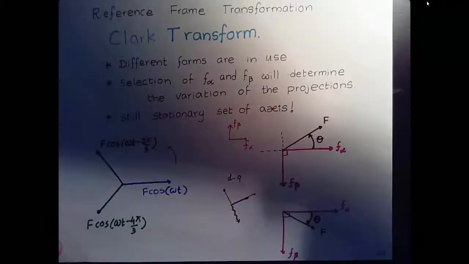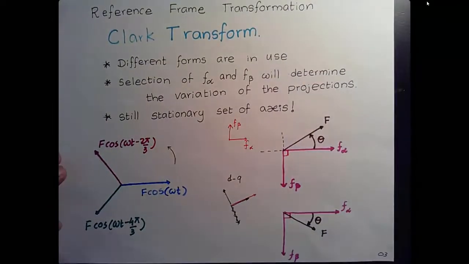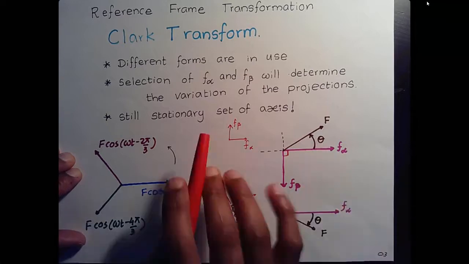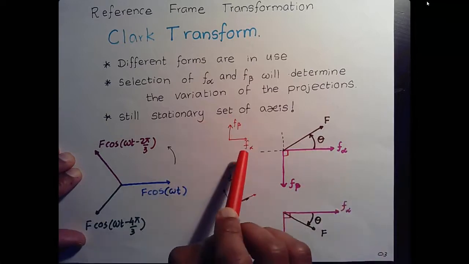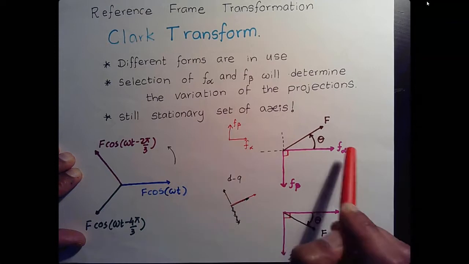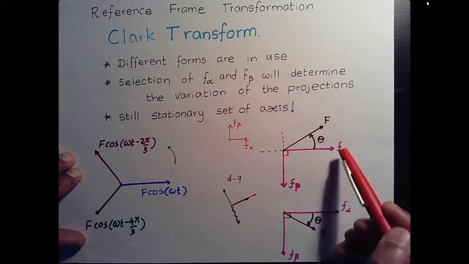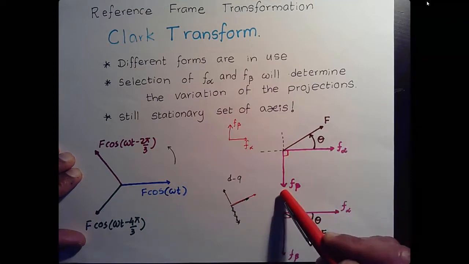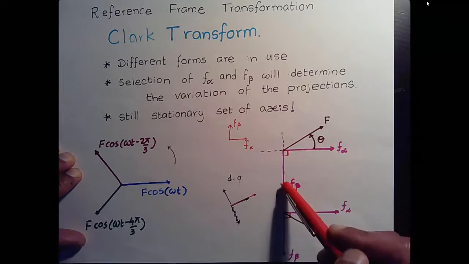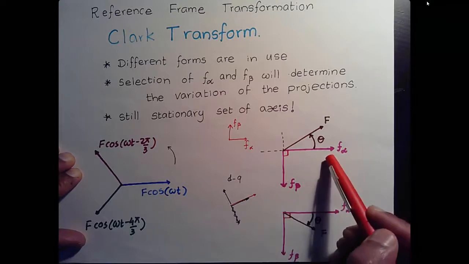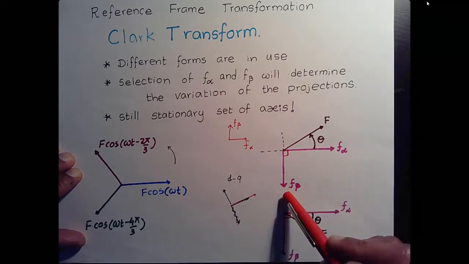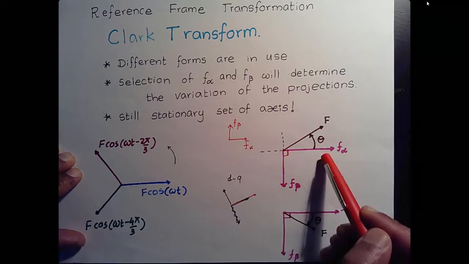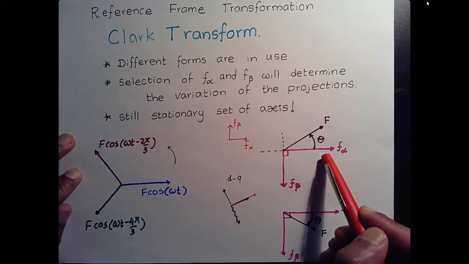Now, when you go into Clarke transform, you have your alpha and beta axes, depending on how you choose to define your positive and negative directions for alpha and beta. Those two axes are fixed. They are on the stationary frame.